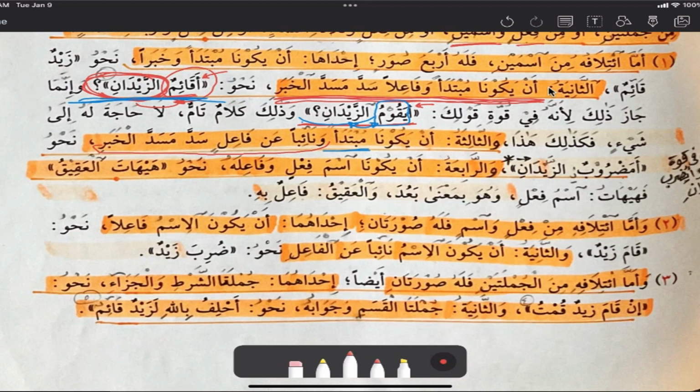Let me just finish reading and then I'll explain. Nahu amadrubun zaydan, like amadrubun zaydan. So it's really like the same case as what we just read. Slightly different though.